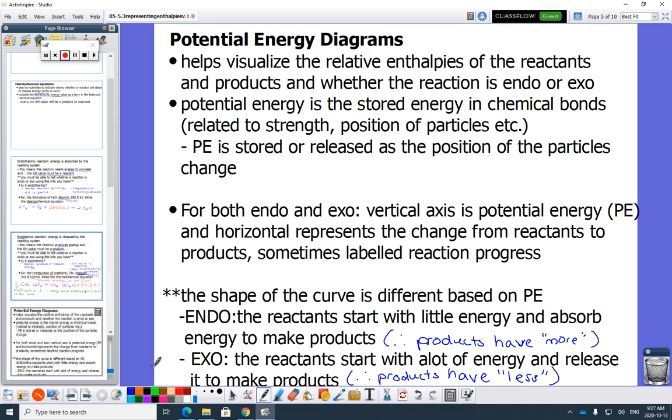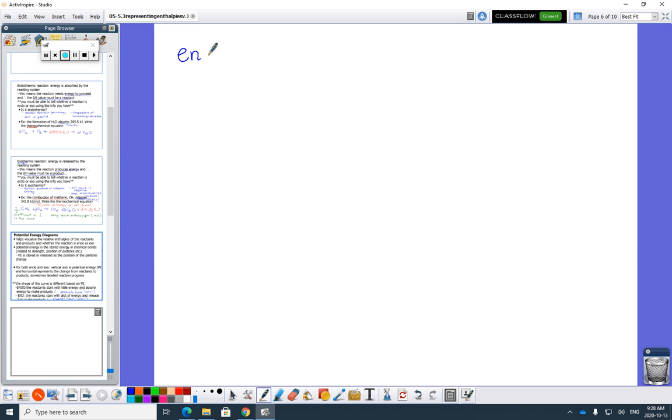And then if you are writing it out, you can just keep going, obviously. We did endo first before, we'll do endo first again.